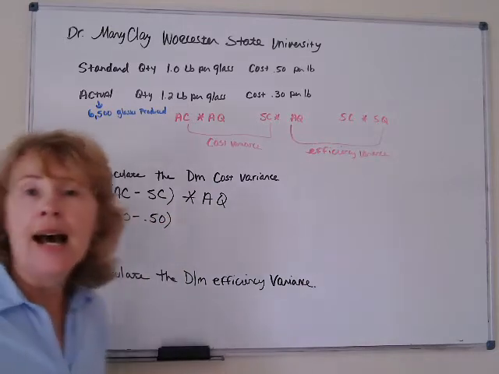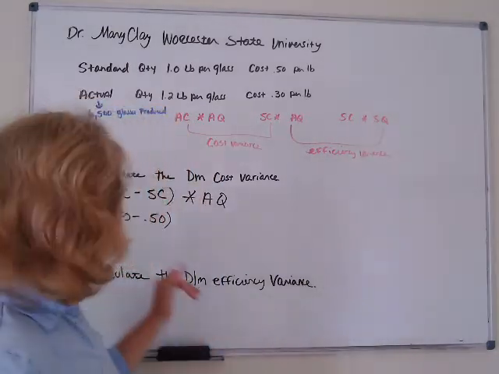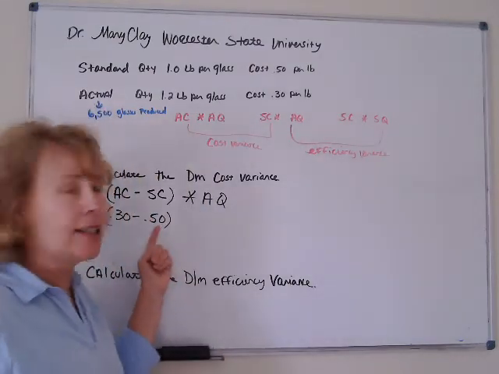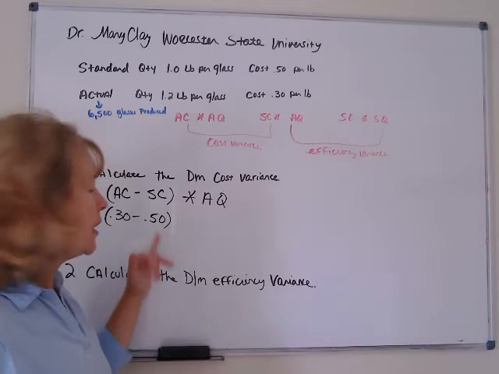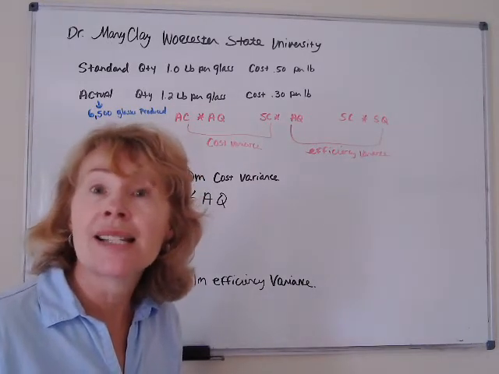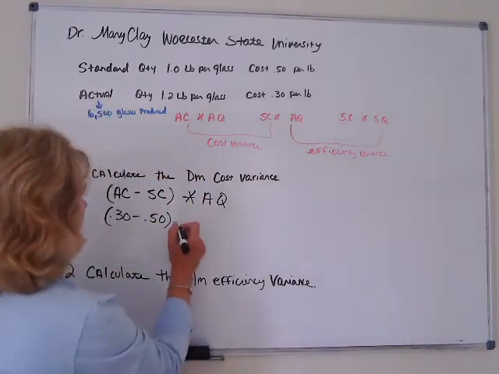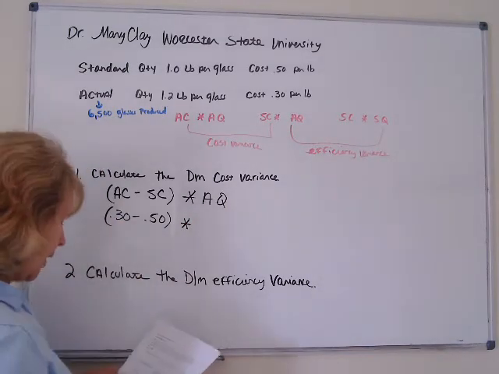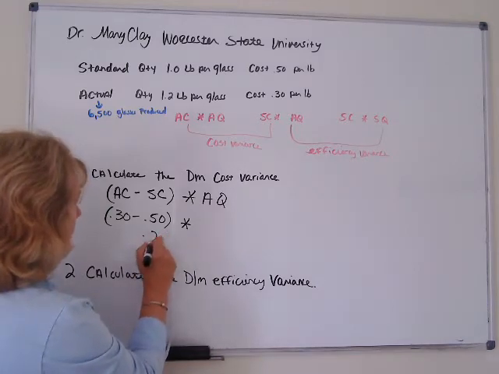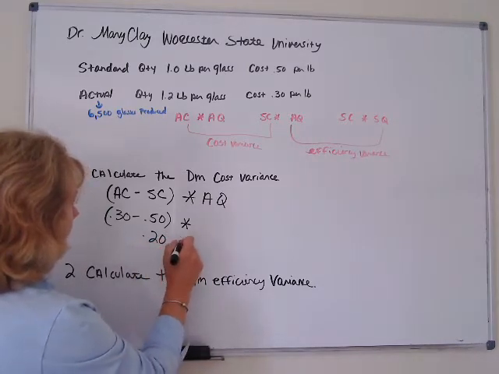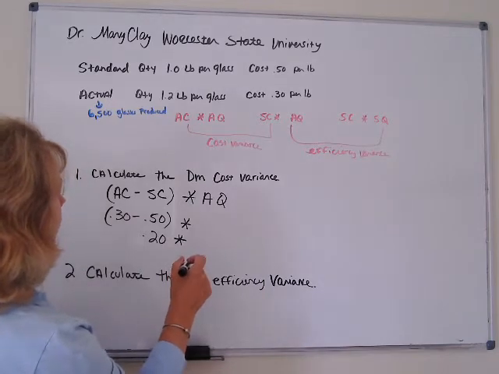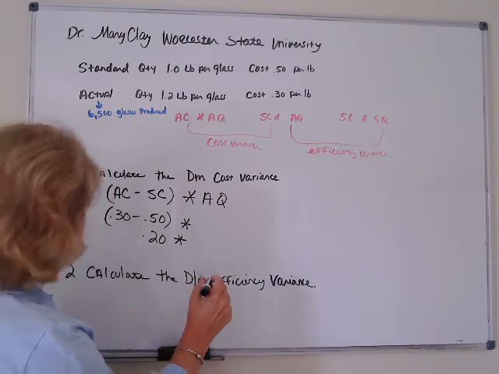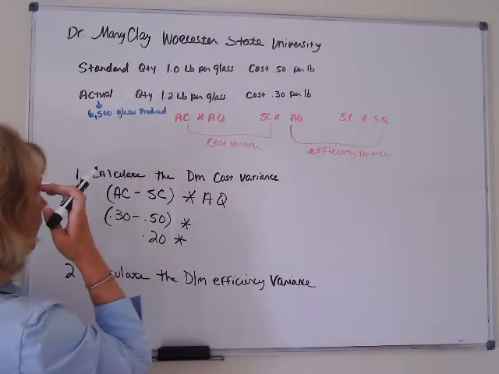I analyze it before I even begin. My actual was 30 cents. That's what it cost me. My standard, or my estimate, was 50 cents. That's good. That means it cost me less. So now 0.50 minus 0.30 gives me 0.20. And then I'm going to multiply that by the actual quantity. The actual quantity was 6,500.